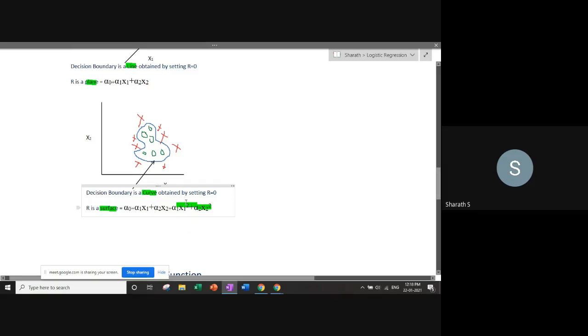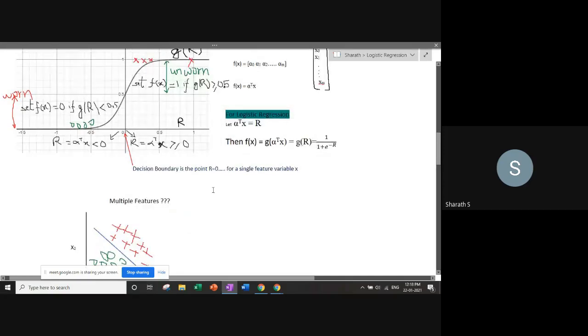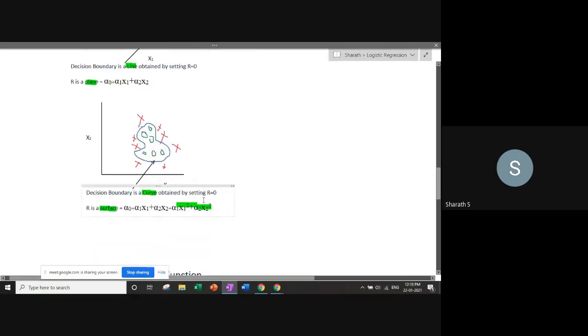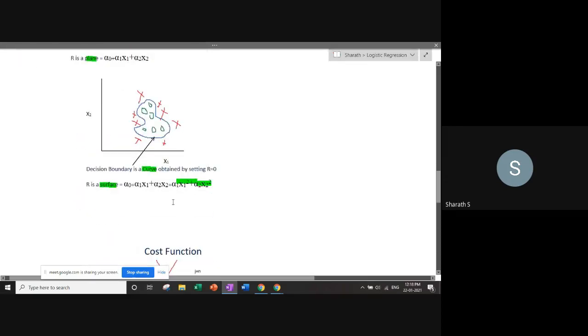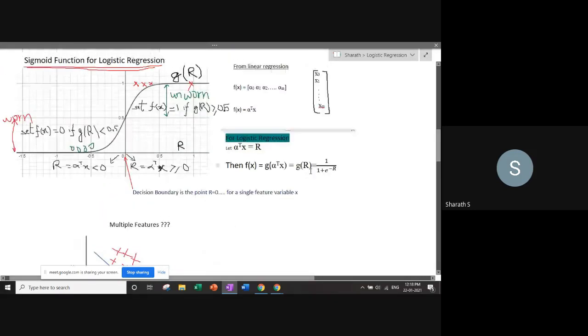So we are going to call in the higher order terms, x1 square, x2 square, x1 x2, and so on, for this alpha transpose x. When you look at alpha transpose x, it is just like linear regression. What we are doing in logistic regression is just applying this transformation to it: 1 over 1 plus e raised to minus r, where r is alpha transpose x, which is like a linear regression problem.